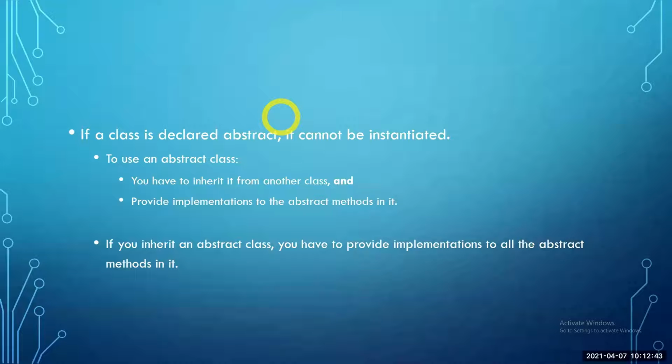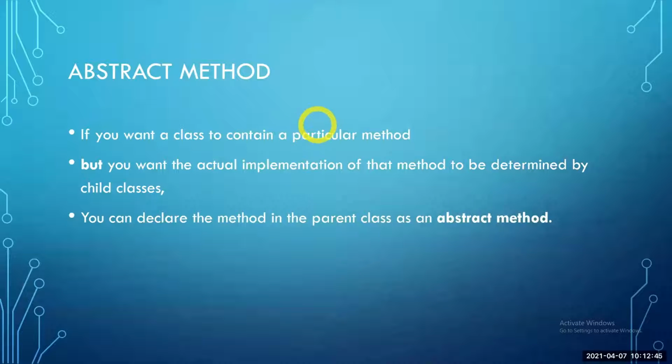All right, let's continue. Next we have abstract methods. If you want a class to contain a particular method, but you want the actual implementation of that method to be determined by a child class, you can declare the method in the parent class as an abstract method, okay?